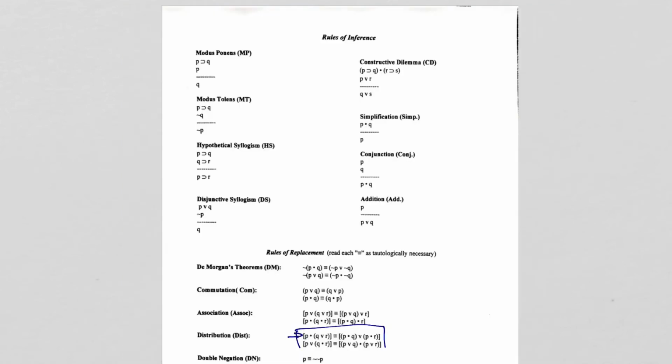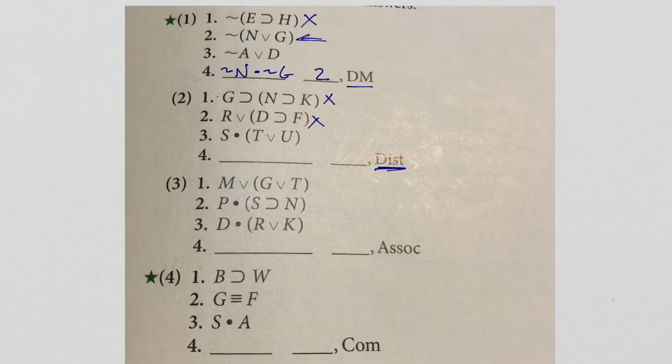So we end up with S dot T in parentheses, then our wedge, and then the repetition of the S, but this time with the U. We're just using line 3.